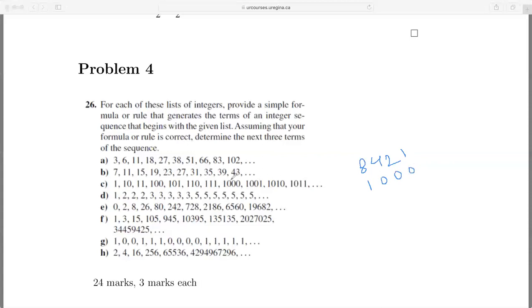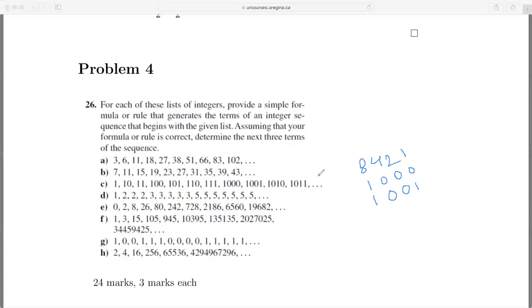In the next one, if you put 9, it will be 1, 0, 0, 1, because 8 plus 1 is 9. So this one is 8, this one is 9, this one is 10, 11. So this is actually the positive integers in increasing order in their binary form.